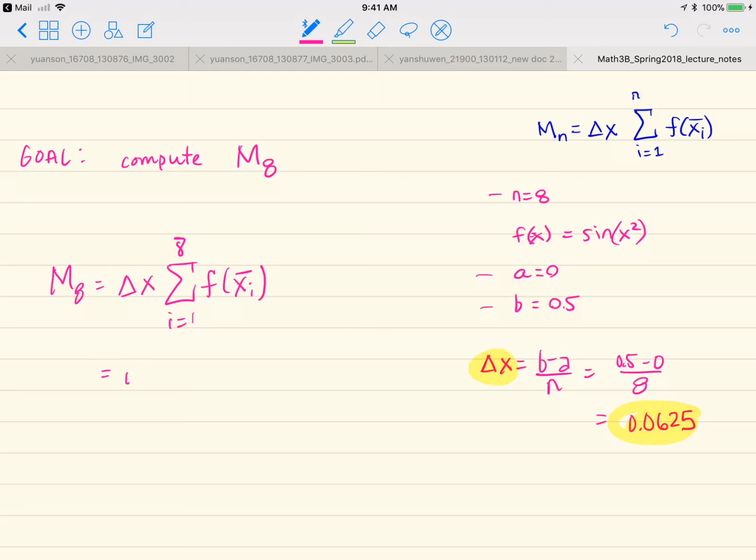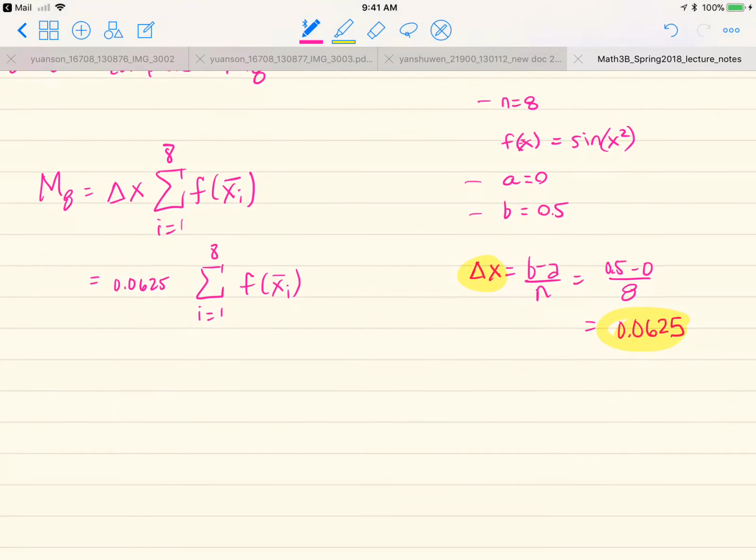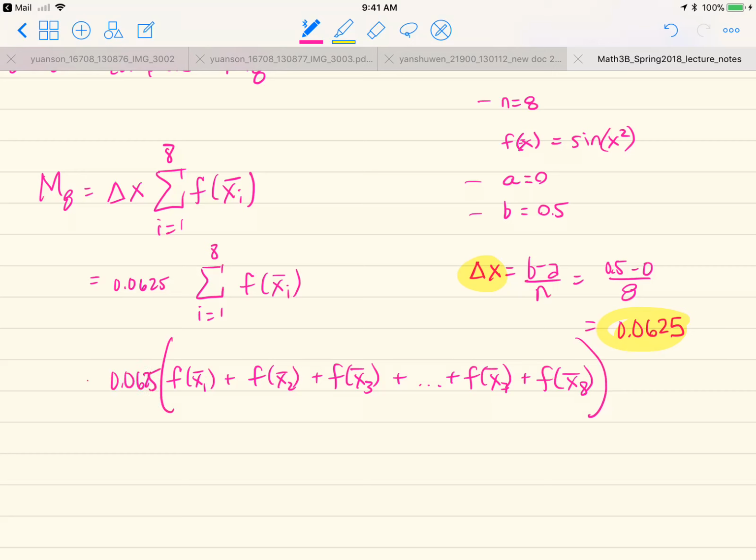So I can write this as equal to 0.0625 times the sum, i equals 1 to 8, f of xi bar. Now, this means f of x1 bar plus f of x2 bar plus f of x3 bar plus, all the way up to f of x7 bar plus f of x8 bar. And then all of this times 0.0625.